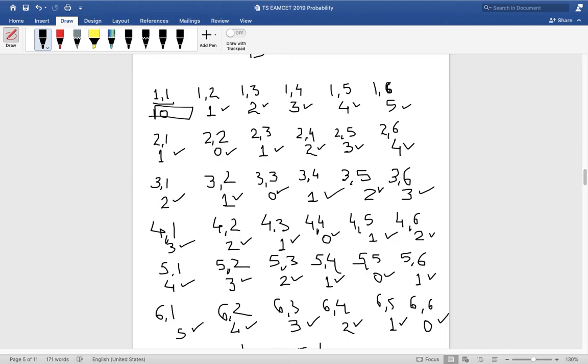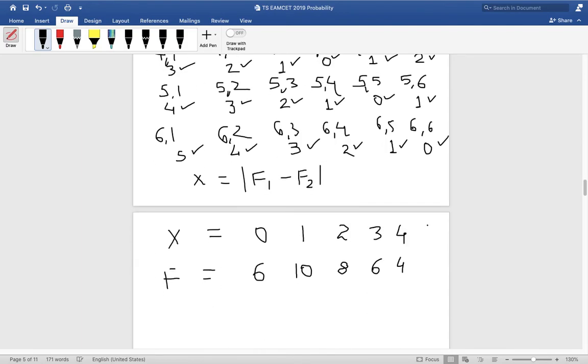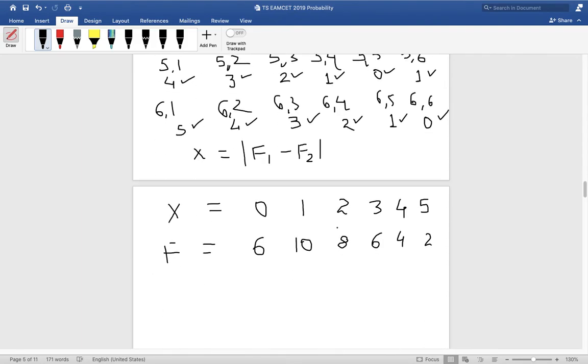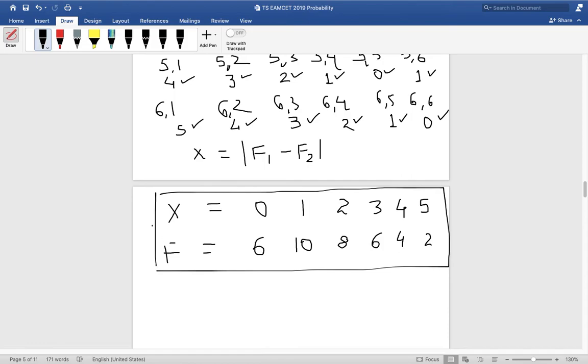Here. 2. 6. There is no 6. 6 will not happen. So our calculation is correct, right? This total should be 36. 16, 24, 30, 34, 36. Okay, good. So this will be the distribution of random variable x.